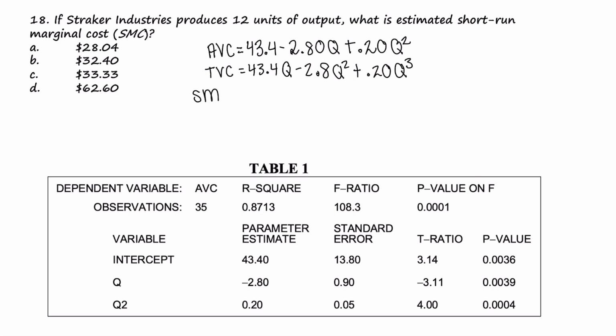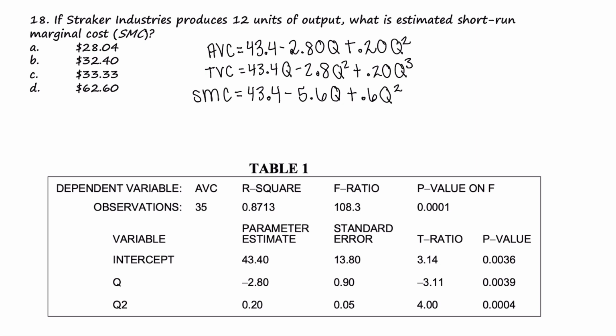So our short run marginal cost is we're taking the derivative of total variable cost with respect to Q. So we're going to get 43.4 minus 5.6 Q plus 0.6 Q squared.